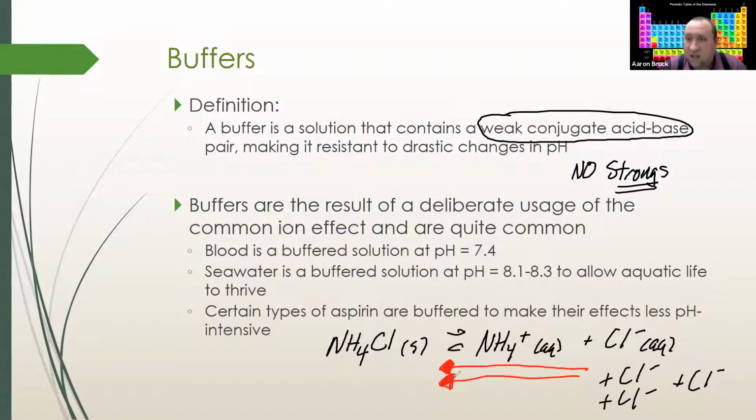It allows the pH of the seawater to be in that slightly basic range, which is great for fish and mussels and crustaceans and seaweed and a whole bunch of other stuff. Another example is buffered aspirin, Bufferin. The buffering in that is to negate some of the effects of aspirin itself.